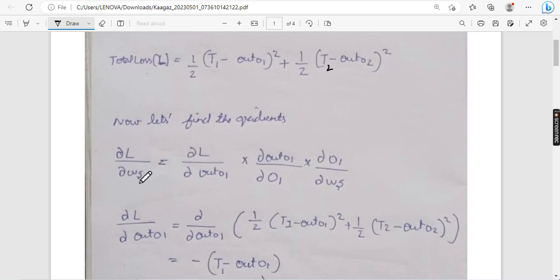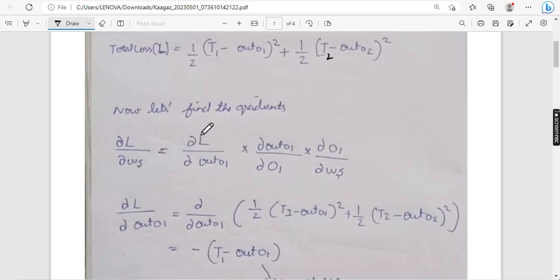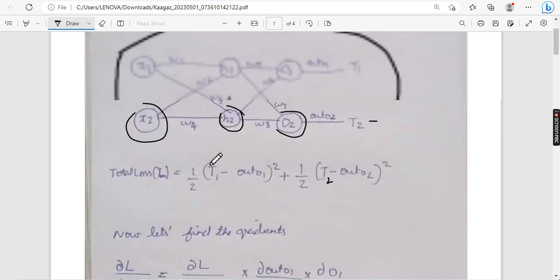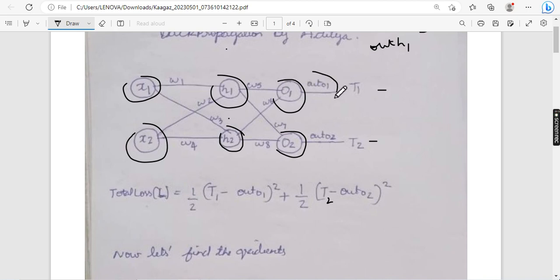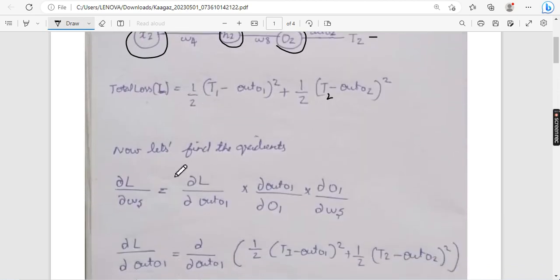So this can be written as derivative of loss function into out of O1, which is this thing, right? This can be written as the derivative of loss function with respect to out O1, which is the sigmoid of output layer O1, and the derivative of out of O1 with respect to the output layer O1, and into the derivative of out of O1 with respect to W5.